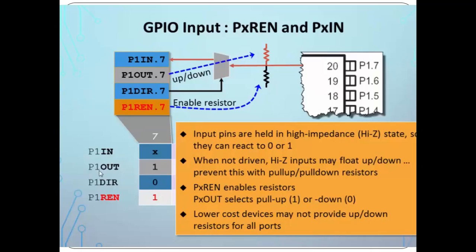That's why for configuring a particular pin as input, we not only use IN and DIR, we also require REN as well as OUT. So REN is for enabling pull up or pull down, and OUT is for selecting pull up or pull down, DIR for making it input, and IN for the particular input value to be given.